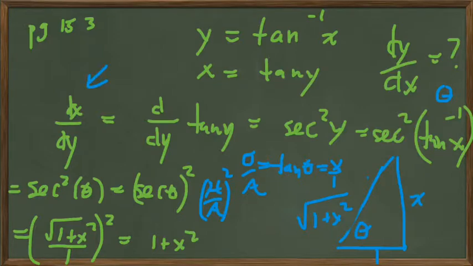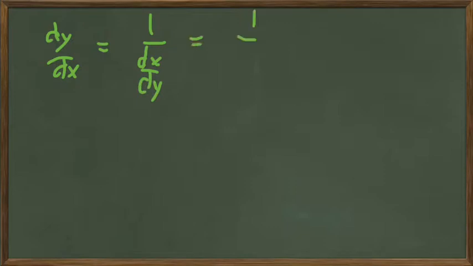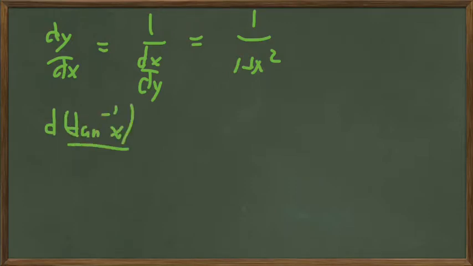We were trying to find dy dx, so we use again that dy dx is the reciprocal of what we just found, dx dy. So the derivative of y, with y being tangent inverse of x, is the reciprocal of what we found for this.